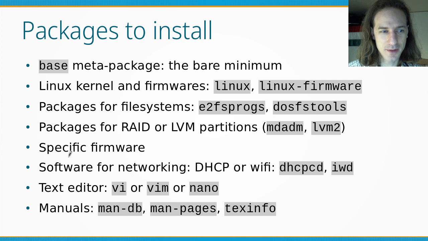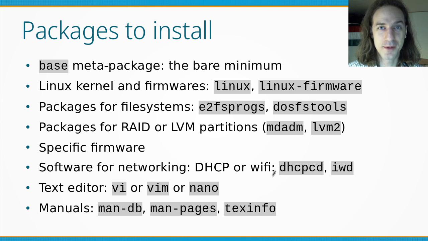So specific firmware might be needed for your system. Software for networking, like DHCP or Wi-Fi. DHCP is like the dynamic IP address, which is usually what you get if you have a router at your home, which I guess every first, second and third world person with an internet connection at home might have, a DHCP router.